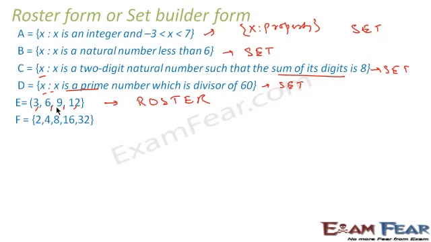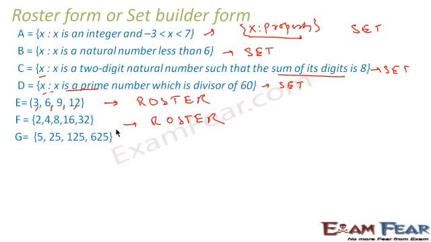F is again, if you see, all the elements are listed separated by comma enclosed within braces. So F is also roster form. I hope you are getting my point. When all the elements are listed separated by comma enclosed within braces, it is roster form. And when we say X colon property, this is also enclosed in braces, this is set builder.